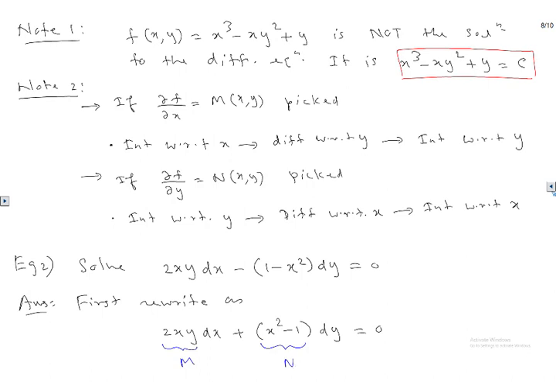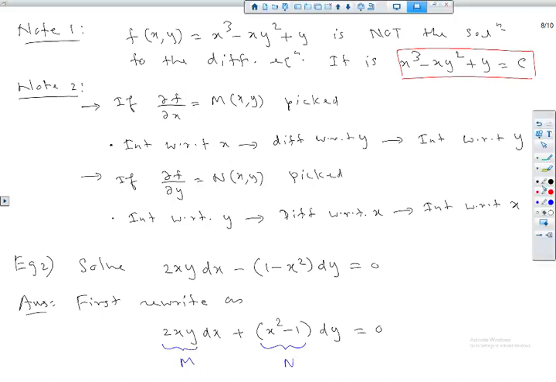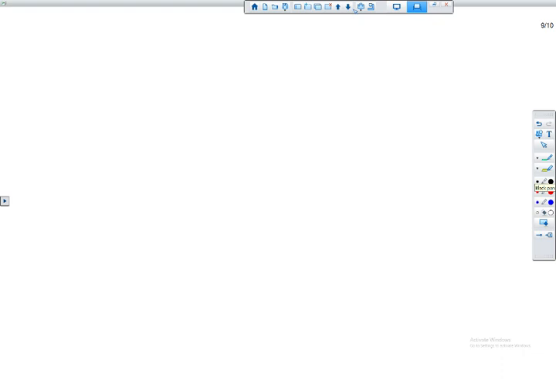Now check whether this is exact. You take the partial derivative with respect to y, and you get 2x. Then you take the partial derivative with respect to x, and you get 2x. They are equal, so this is exact.